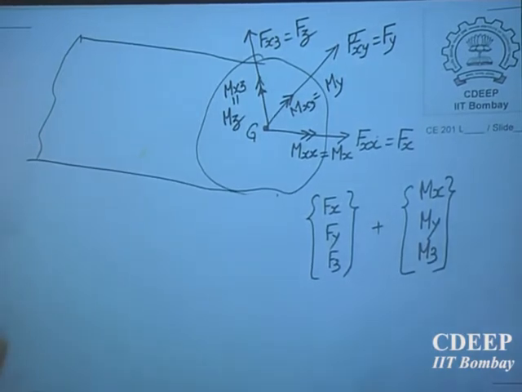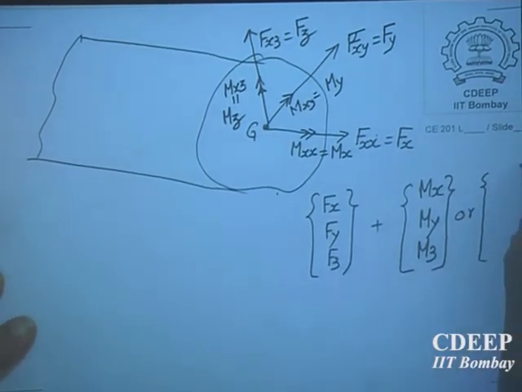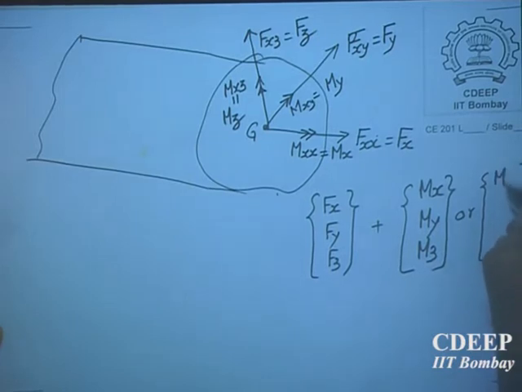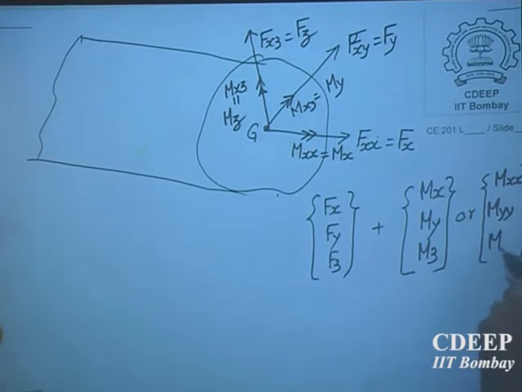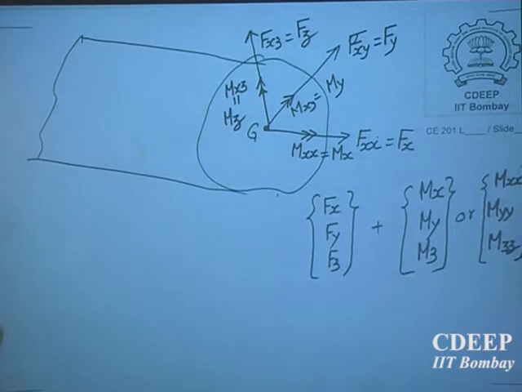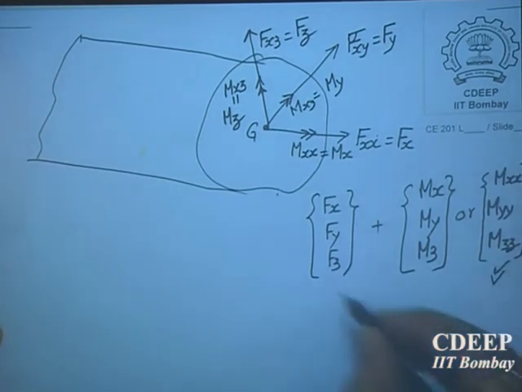But the most common notation, still people say moment about x axis, use double subscript. So there are people who will call this one Mxx, moment about x axis, moment about y axis, and moment about z axis. So two subscripts for moment and single subscript for force. This is more common, this one and this one.